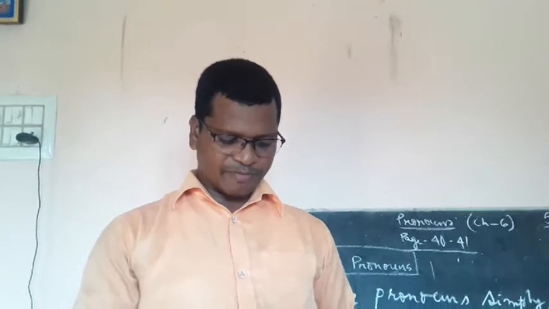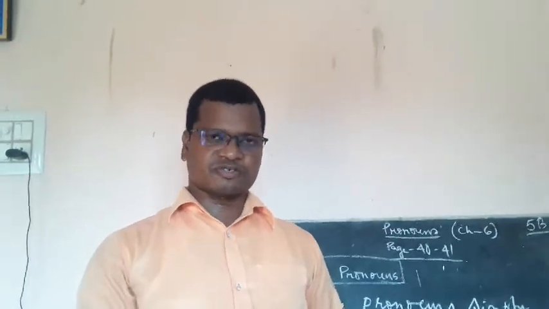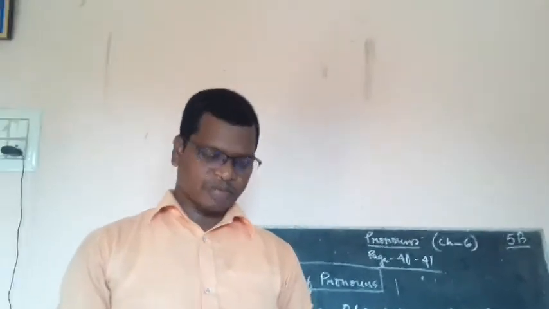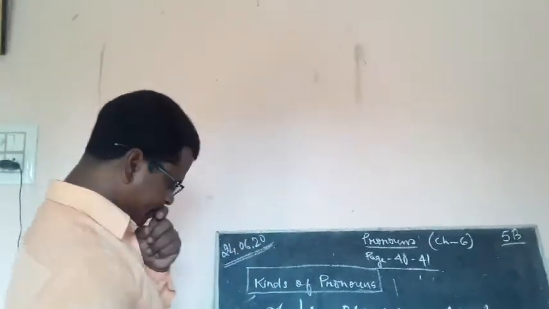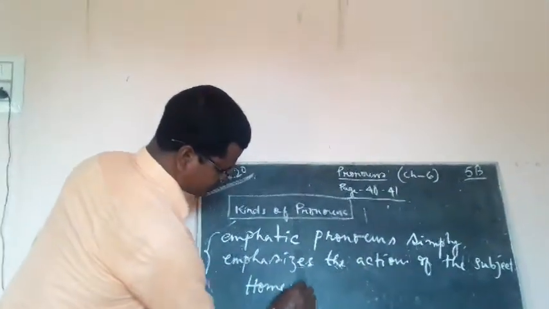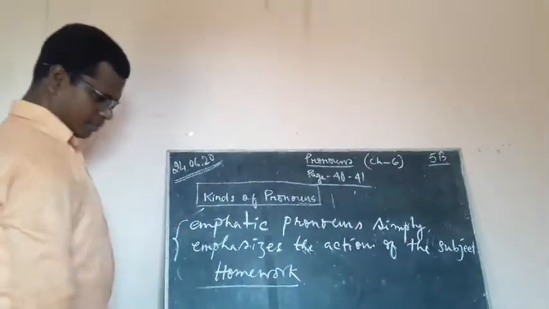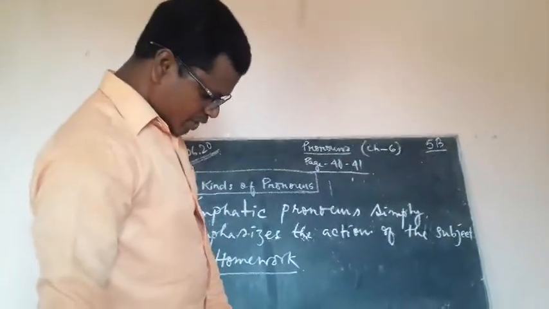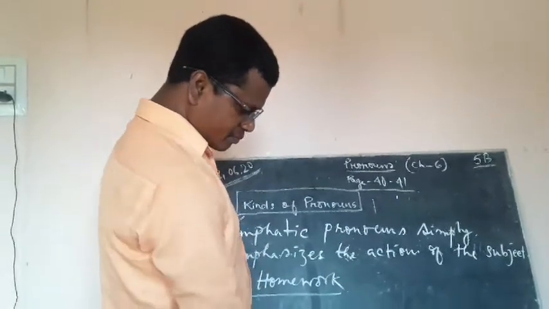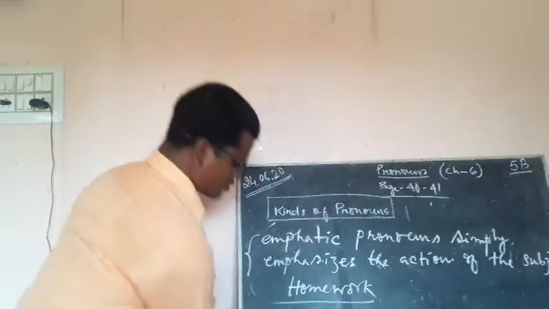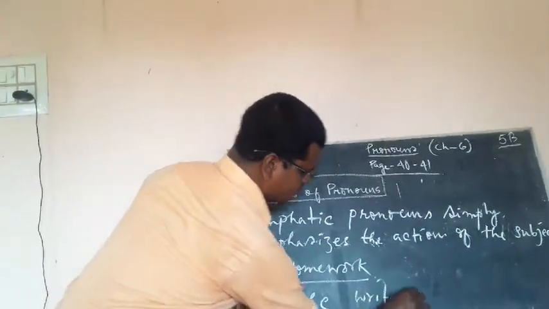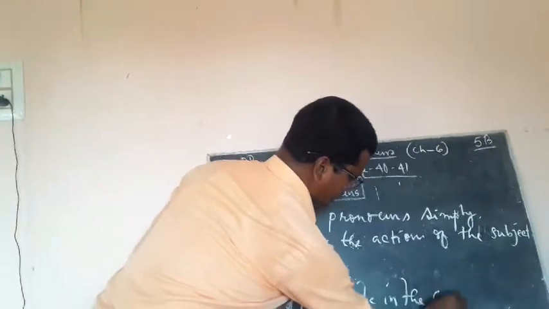And 4, 5, 6, 7, after 8, please try to do it. And if you face any kind of problems, please let me know. Now for your writing homework, you see here, question number B and C. Write in the copy.